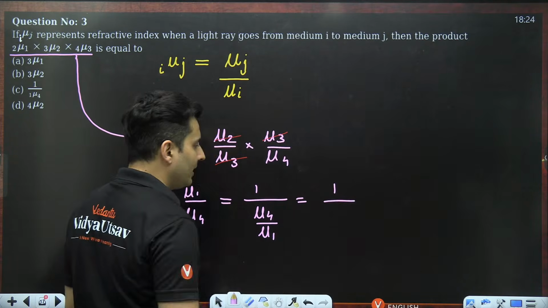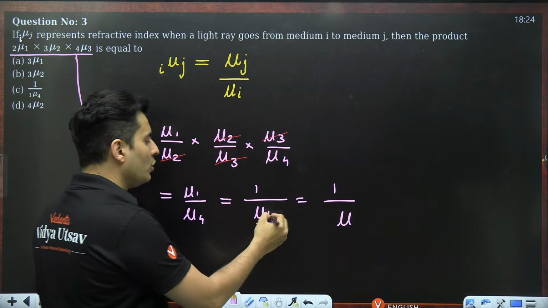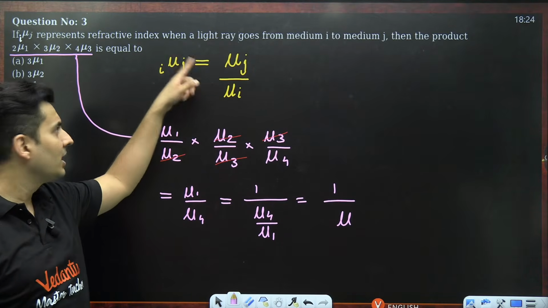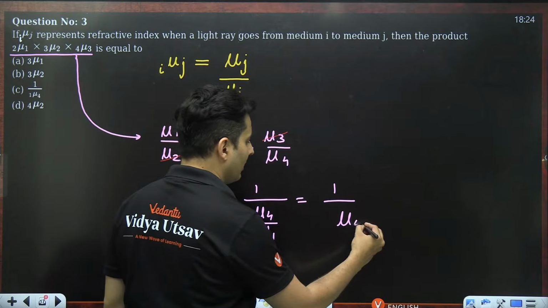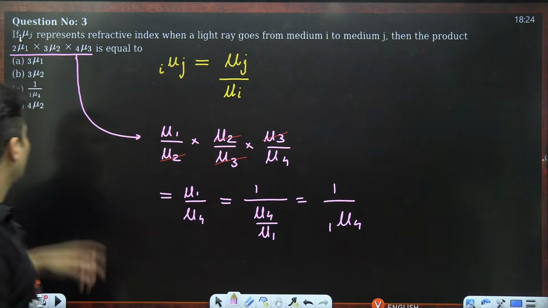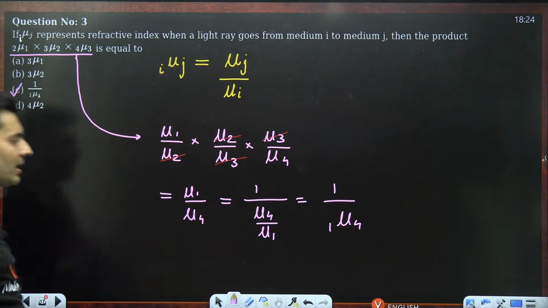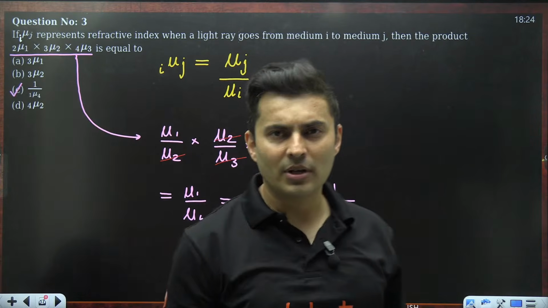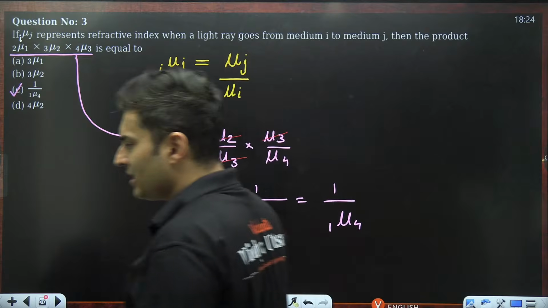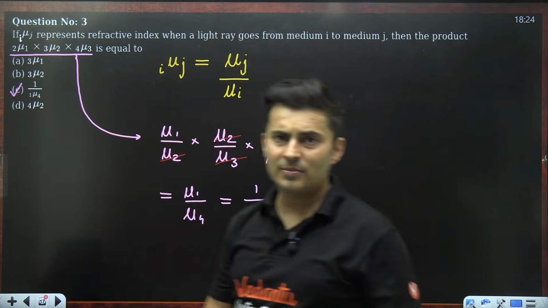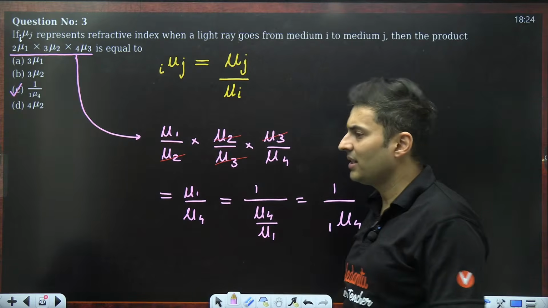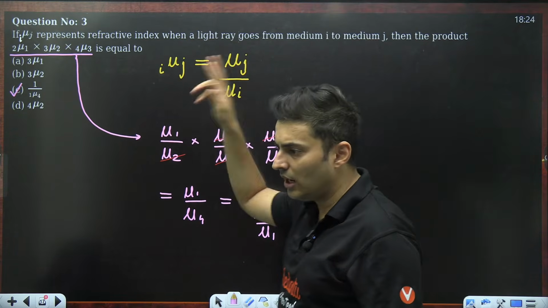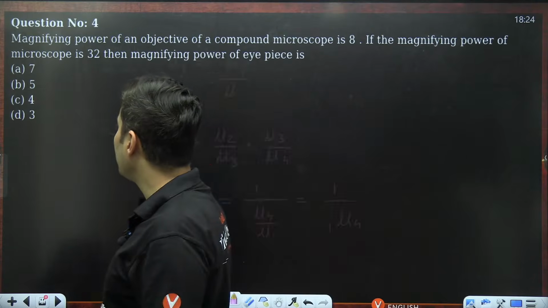Whatever comes on the numerator comes next, so 4 will come over here and 1 over here. So that is option C. Option C for Captain Shreyas. Got it? It's just a play of mathematics, of these terms. So manipulation was there, and if you know this formula, you can easily get the right answer.